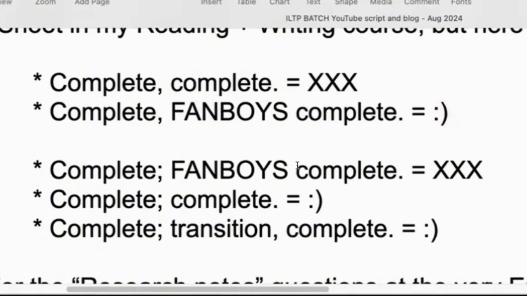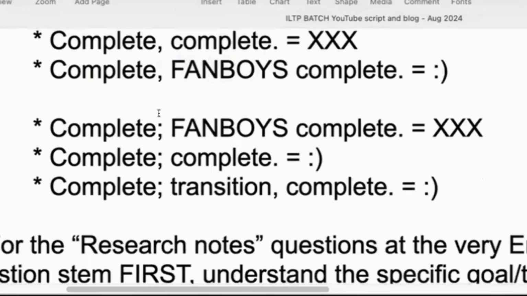So another big mistake that people make is they go fanboy happy, okay? So they have a complete sentence, they have another complete clause over here, and they use a semicolon, which would be great, but then they decide to add one of those coordinating conjunction fanboys in, right?